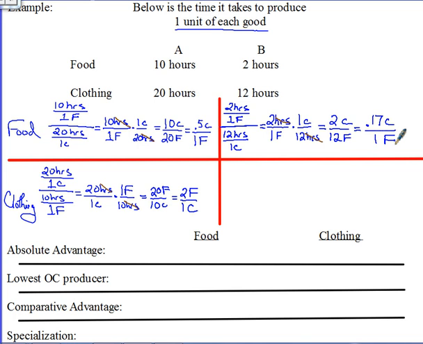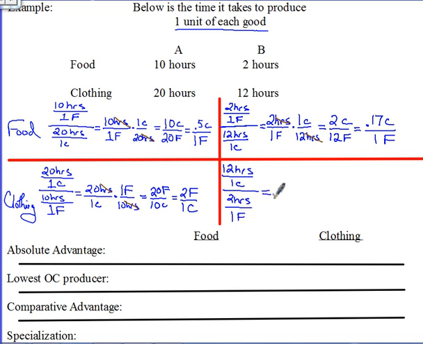And then finally, for our last box down here, we have B producing clothing. So now clothing is going to go in the numerator and work its way down to the denominator. So let's see, B takes 12 hours to produce 1 unit of clothing. So it's going to be 12 hours over 1 clothing divided by, for food, it takes B 2 hours to produce 1 unit of food.